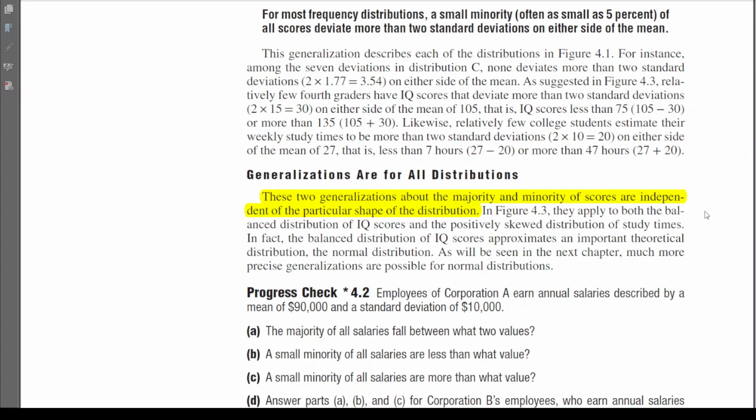In figure 4.3, they apply to both the balanced distribution of IQ scores and the positively skewed distribution of study times. In fact, the balanced distribution of IQ scores approximates an important theoretical distribution, the normal distribution.